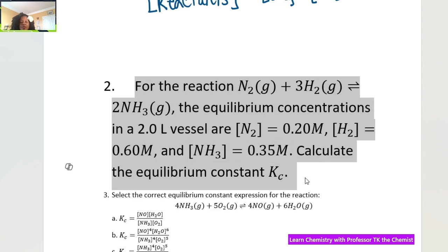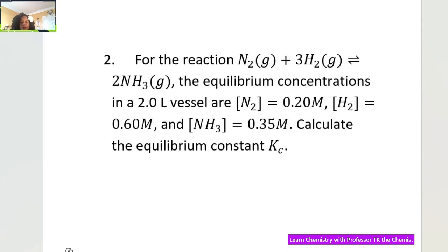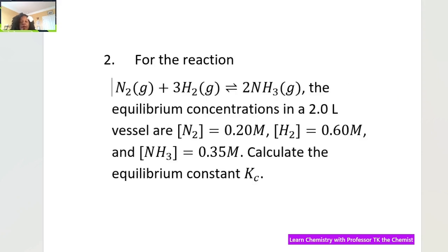So here's number 2. Again, you've got this reaction right here, okay? This is your reaction. N2 plus 3H2 is at chemical equilibrium with 2 moles of NH3. So what you're going to do right here, again, I'm going to look and notice that these are my reactants right here on the left side.